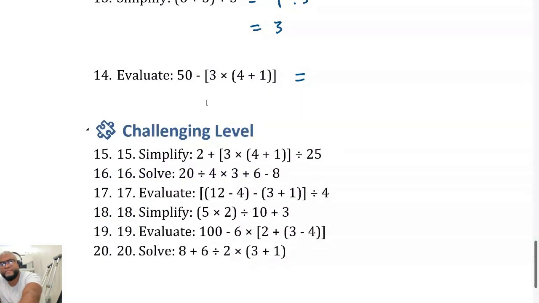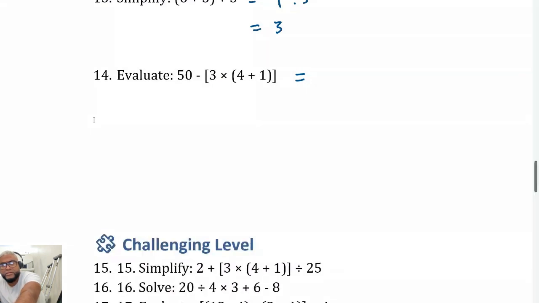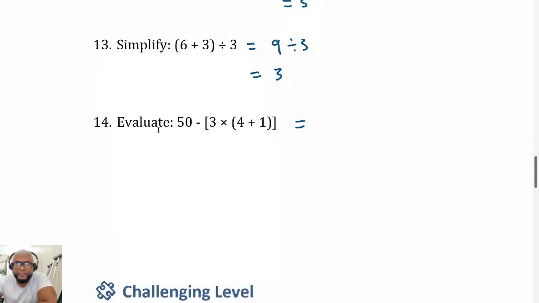Bob, next one is yours. Me again, sir? No, Bob. Amani, Bob. Yes, sir. Next. So, sir, what are you doing here now? So number 14, right? So what I did, 50 open bracket, 3 again open bracket, 4 plus 1. 4 plus 1 is what?